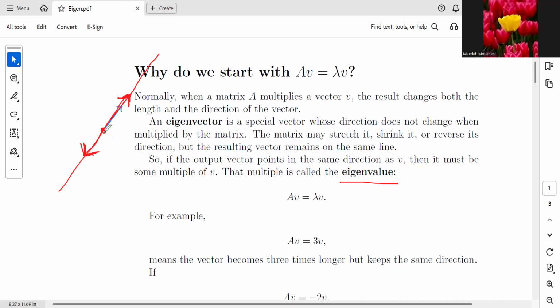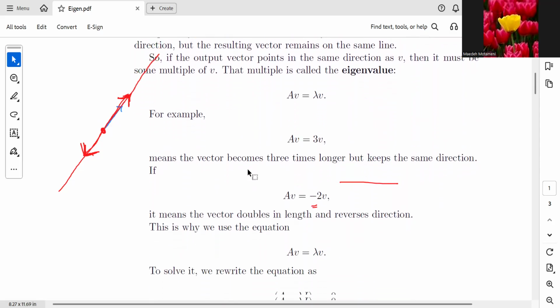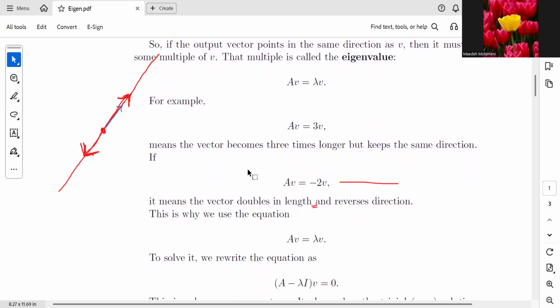That relation is a number called the eigenvalue. For example, if the eigenvalue is 3, it means the vector becomes 3 times longer but keeps the same direction.